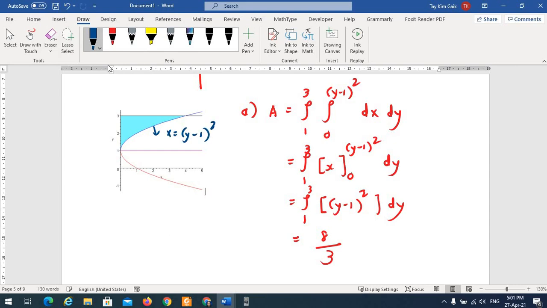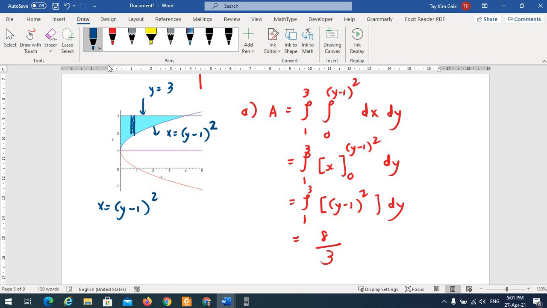If you want to use dy dx, the lower curve is here, and the upper curve is actually this one, y equal 3. If you use dy dx, the lower curve is x equal y minus 1 squared. If you use dy dx, you have to make y the subject. That's why from x equal y minus 1 squared, you have to make y the subject.